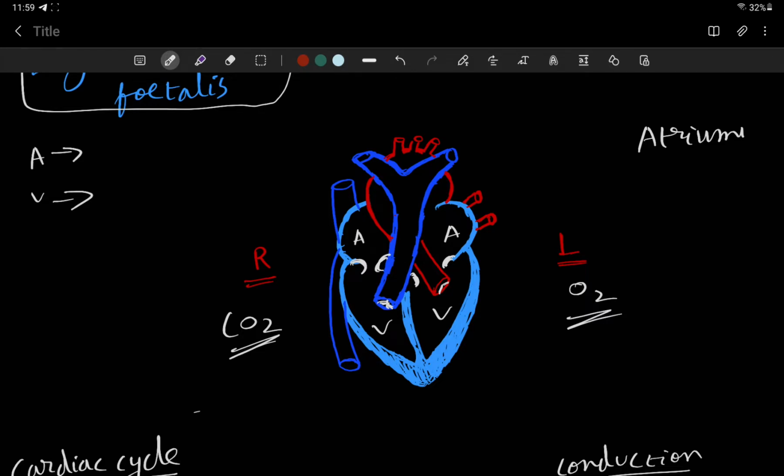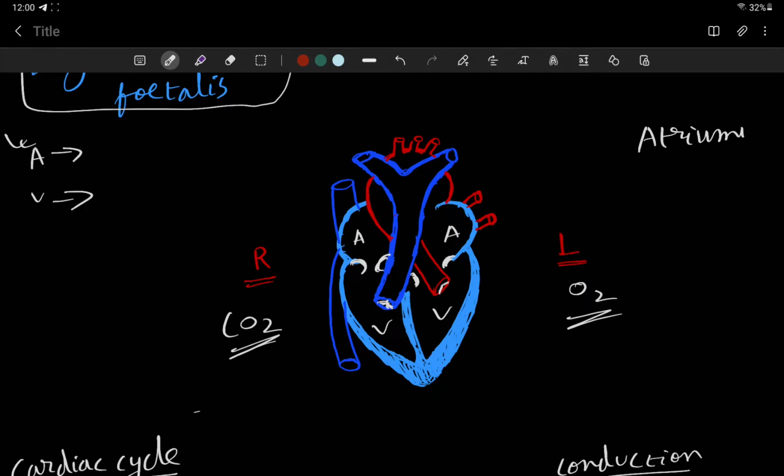In the alphabet, A comes before V. So the blood will always come to the atriums before the ventricles. You can remember it like this. Okay? The right side deals with CO2 blood, the left side deals with O2 blood.